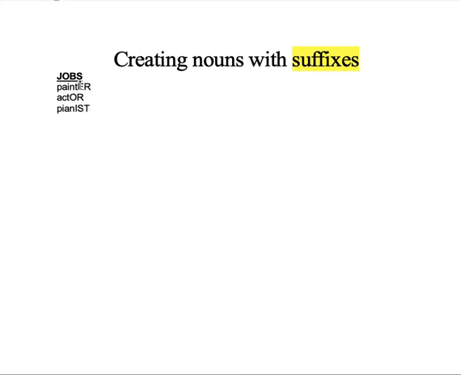So you have here -er, -or, -ist. Oh my god, three different suffixes for jobs. So yeah, definitely we are going to have -er, -or, -ist. So now depending on the job, you are going to have -er, -or, or -ist.